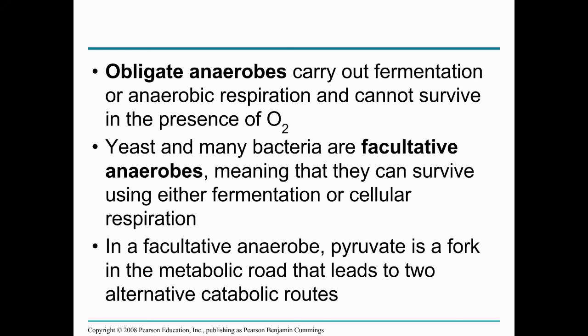So we have some organisms that are obligate anaerobes. These are key vocab words to know. So obligate anaerobes are typically, for the most part, prokaryotes, bacteria, and they do not survive in the presence of oxygen. There are also facultative anaerobes. Yeast would be a good example of this. They can live in an environment with oxygen, or they can live in an environment that is in the absence of oxygen.